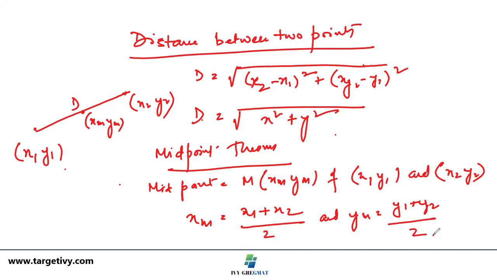Simple. So now we know how to calculate the distance, because it is not a straight line. We will have to take the coordinates into consideration and the midpoints. Fair? Let's move.